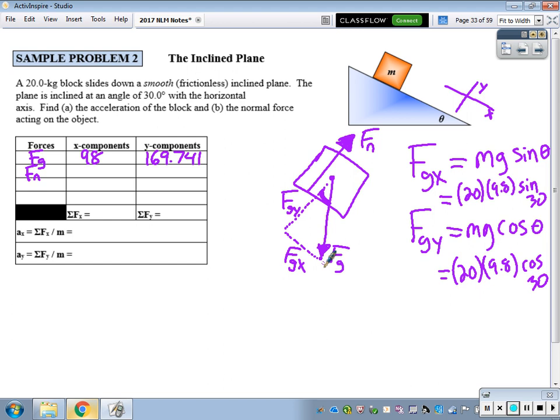In a downward direction, or a negative y direction. So that means our y component needs to be negative. The way that this incline is set, we would then go from here and go towards the positive x direction. Do we see that? Okay, so that would remain as a positive 98.